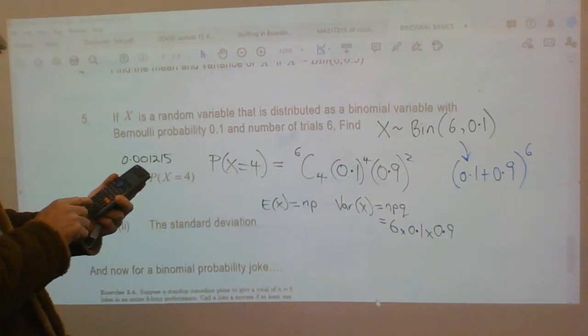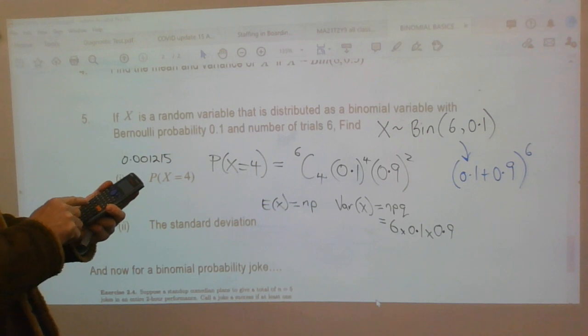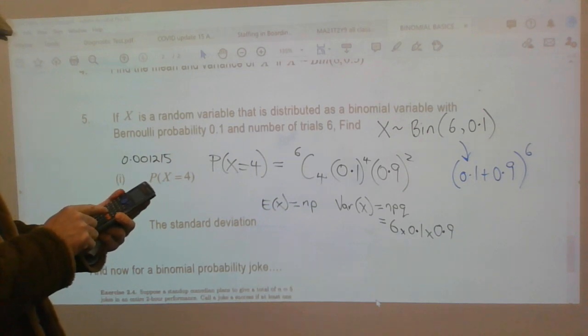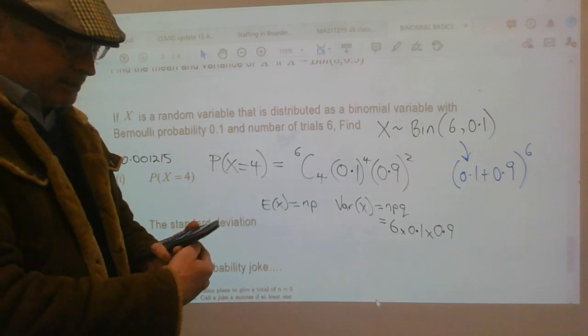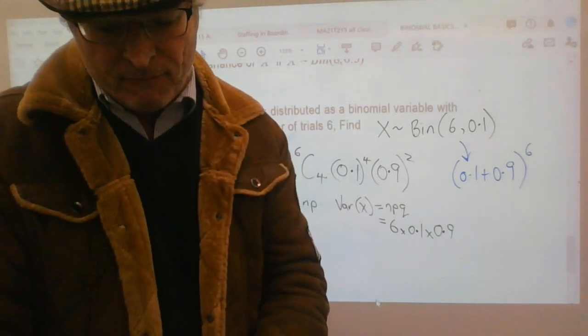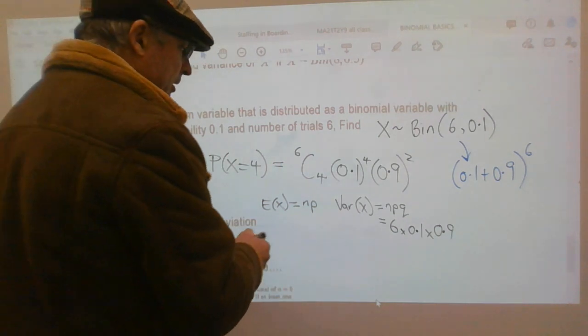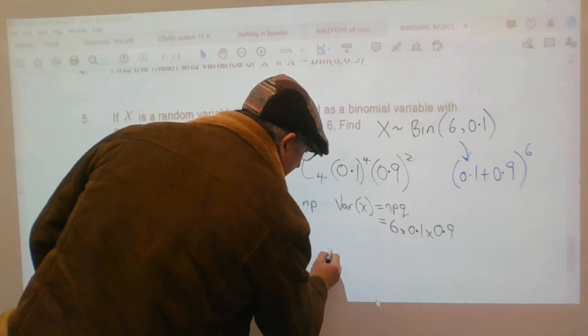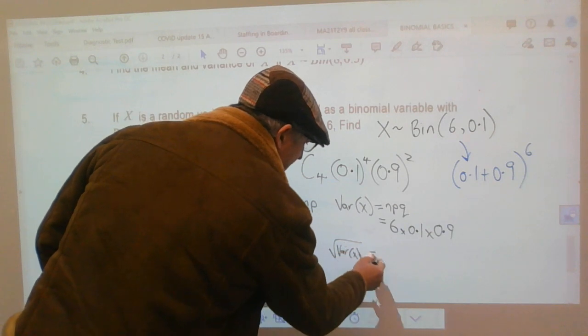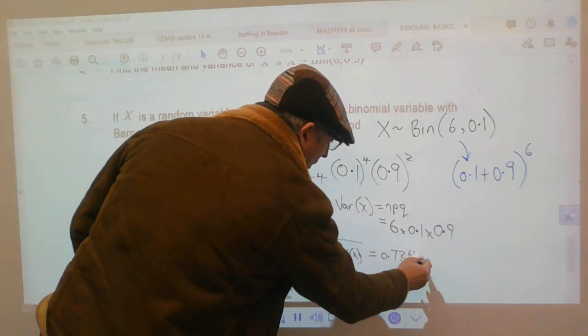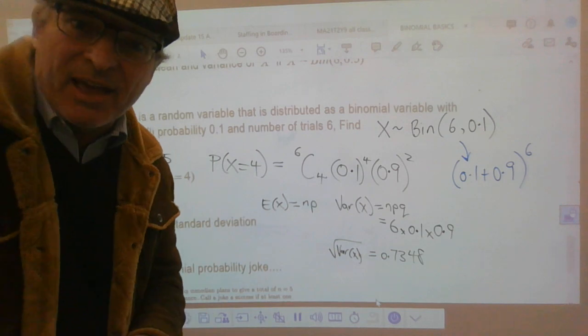So we've got 6 times 0.1 times 0.9. So we've got 0.54, and we square root that, and we get 0.7348. That's what the standard deviation is.